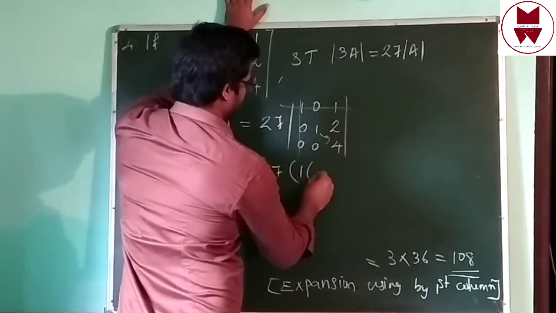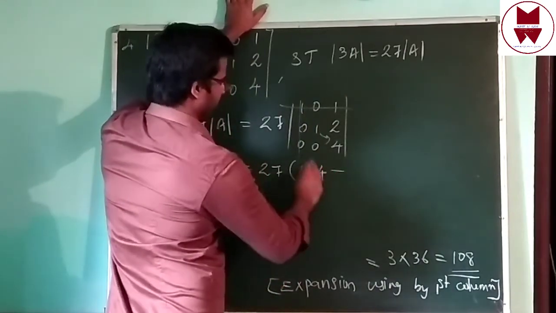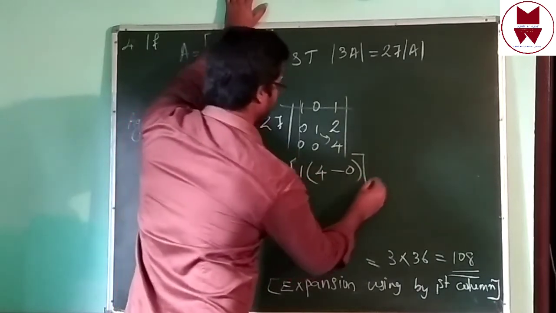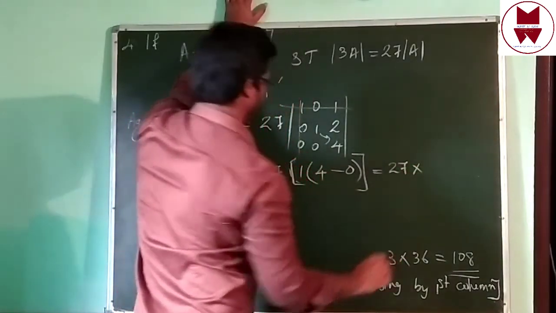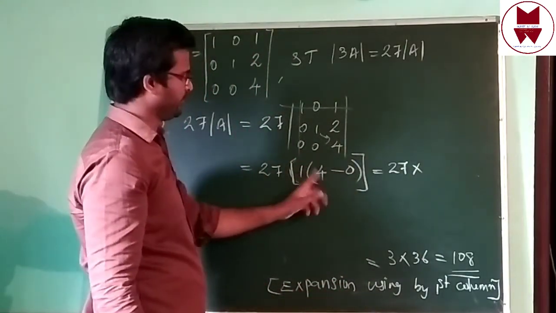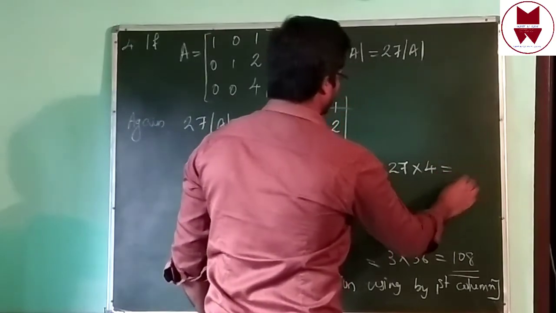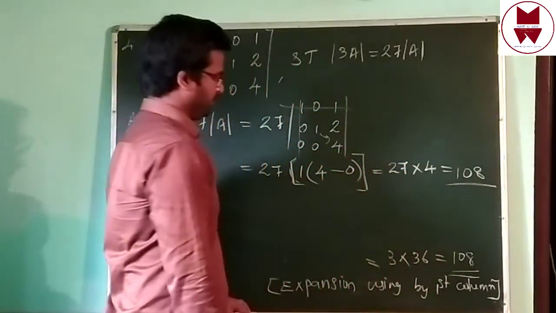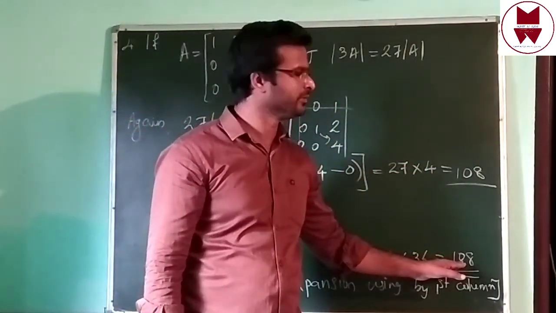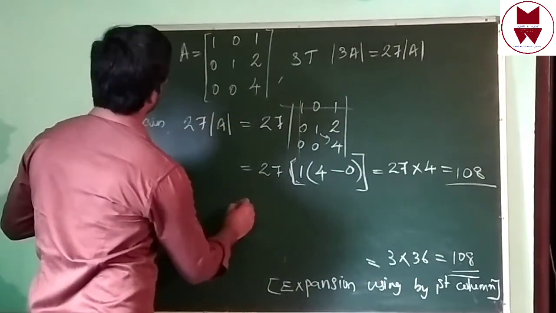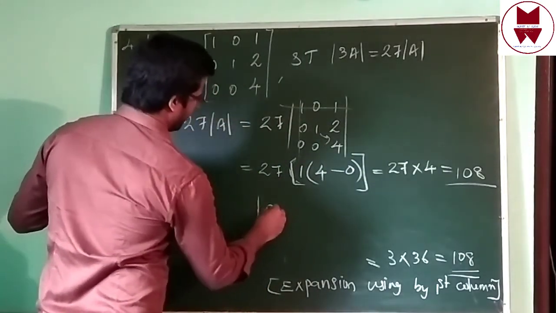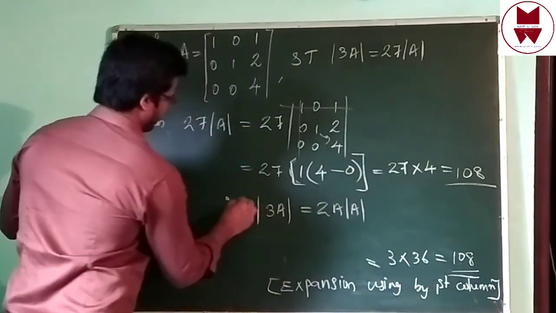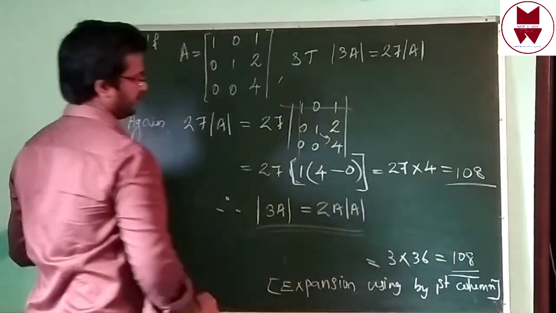Then the remaining: 1 into 4 is 4 minus 0 into 2, that will be 0, so 4. Equal to 27 into 4, you will get 108. On the LHS we got 108, and now the RHS is also 108. We can write determinant of 3A equals 27 determinant of A. This is our answer.